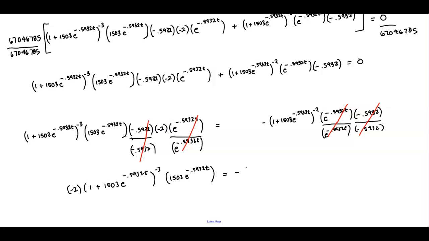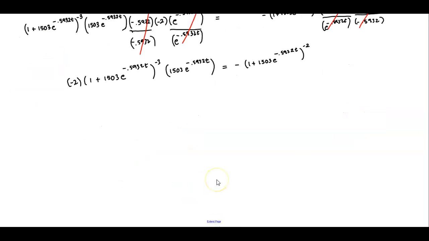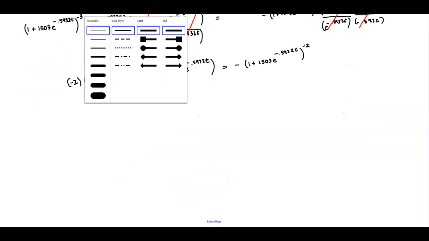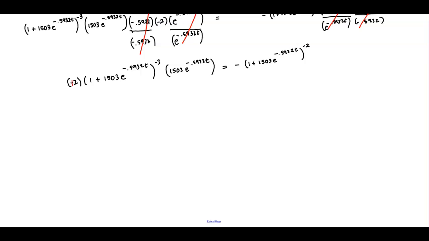And that's going to equal negative (1 plus 1503 e to the negative 0.5932t) to the negative 2. Okay, so we can also notice that that minus sign is going to make that a positive.